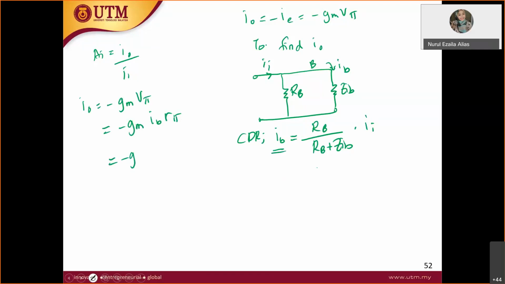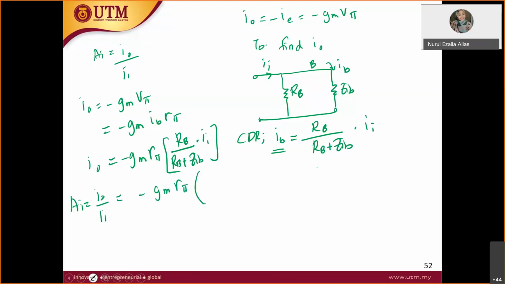So it is equal to negative GM R pi, and IB is equal to RB over RB plus Z in B times I in. Finally, you will get that I out over I in, which is equal to the AI, equal to negative GM R pi RB over RB plus Z in B. So that's how you derive the current gain.